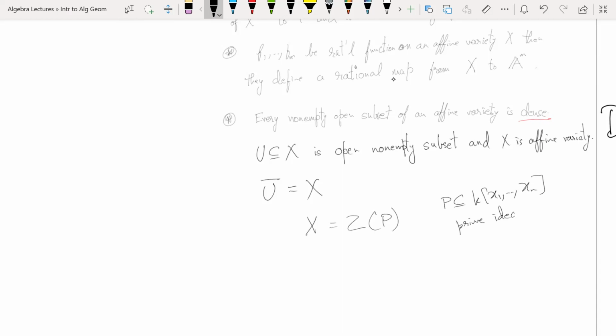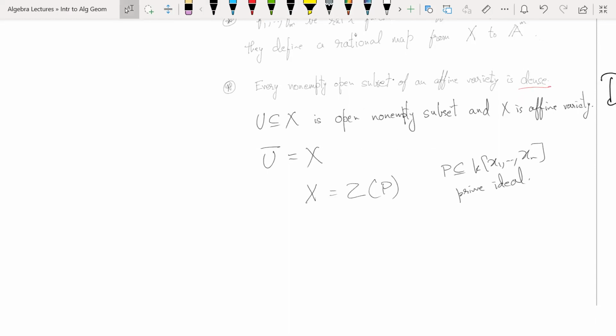And U is some open subset of X. So how do you compute the closure of U?